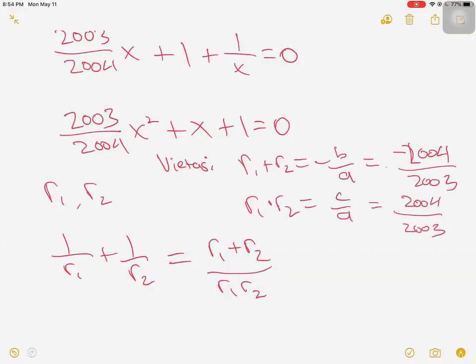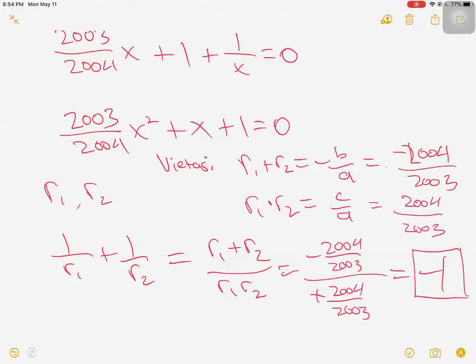So (r1 plus r2) over (r1 r2) is negative 2004 over 2003 over positive 2004 over 2003. This is just negative 1. So that's going to be our answer.